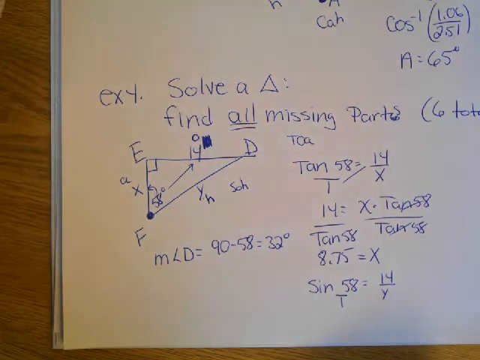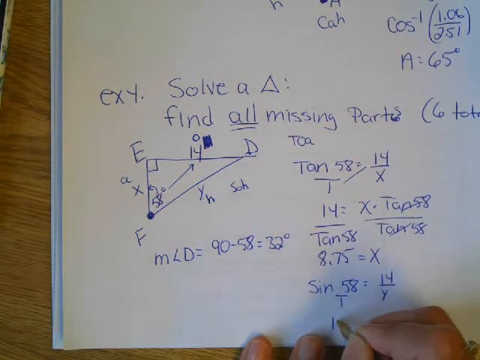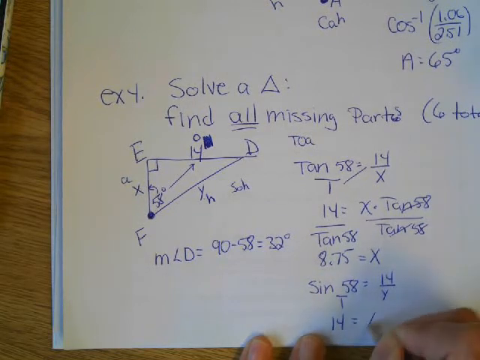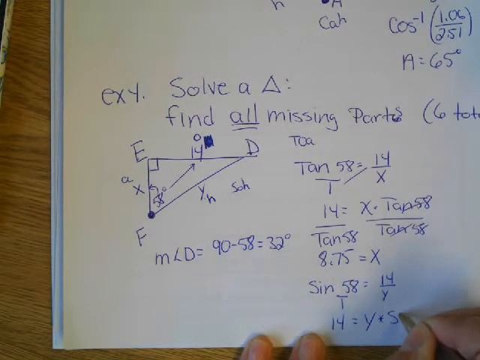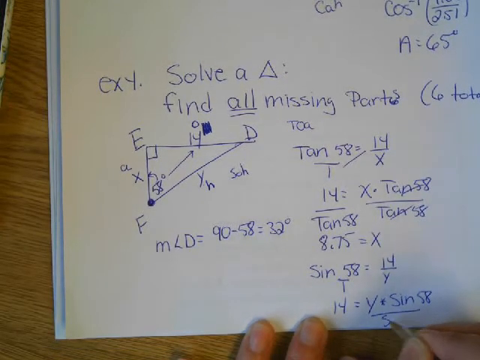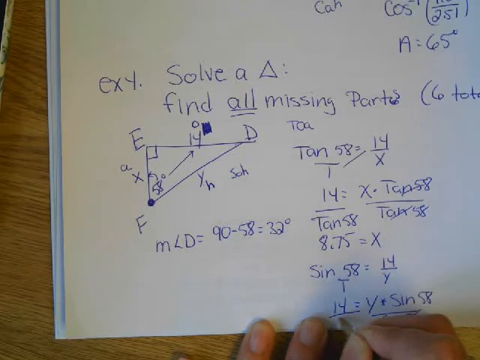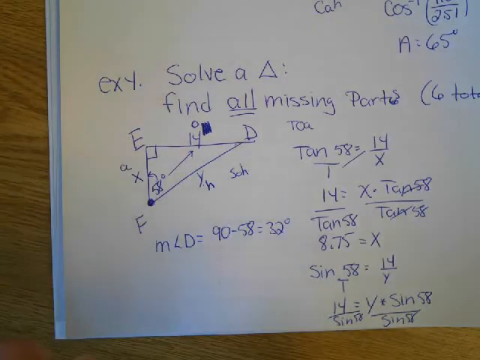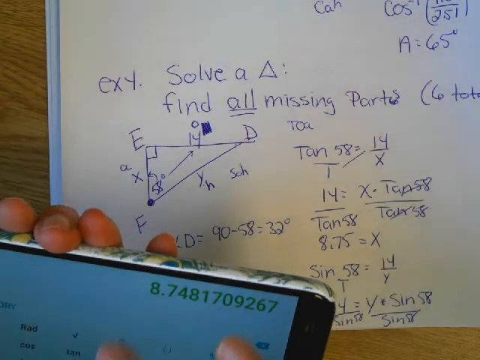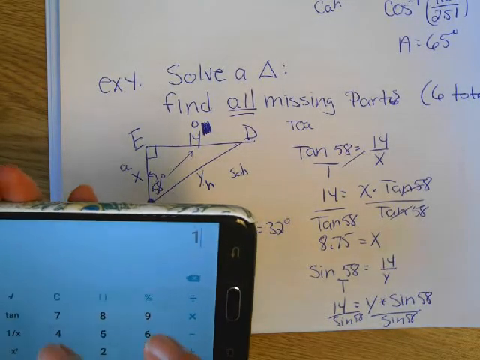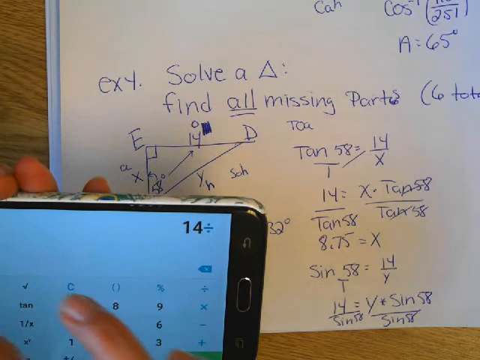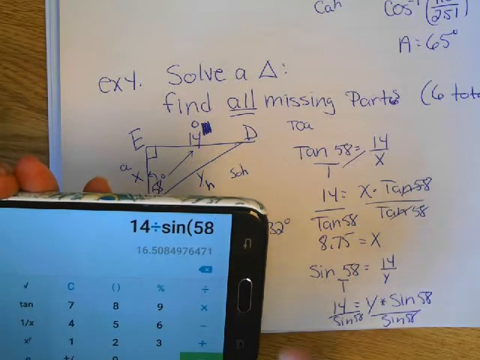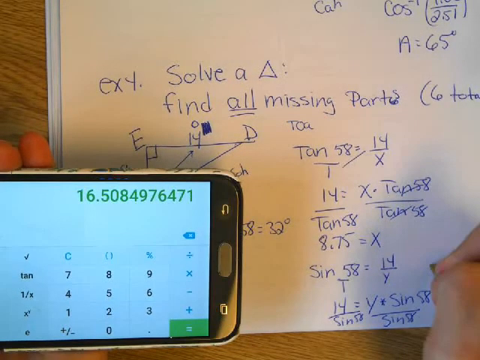Same algebra we just got done doing, 1 times 14, and y times the sine of 58, and then divide. Should finish it up for us. 14 divide sine 58, 16.51.